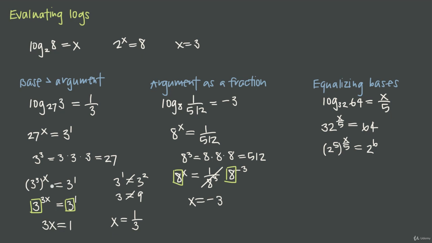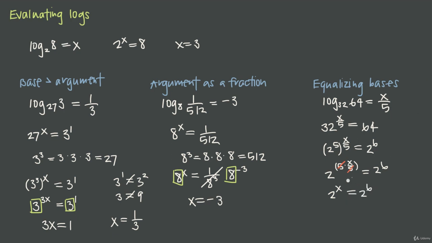Now I go back to my first example. I'm going to apply the power rule for exponents and multiply 5 by x over 5. So this is the same as 2 raised to the 5 times x over 5, which is equal to 2 to the 6th. When I multiply 5 by x over 5, the 5's cancel with one another, and I'm simply left with 2 to the x is equal to 2 to the 6th.